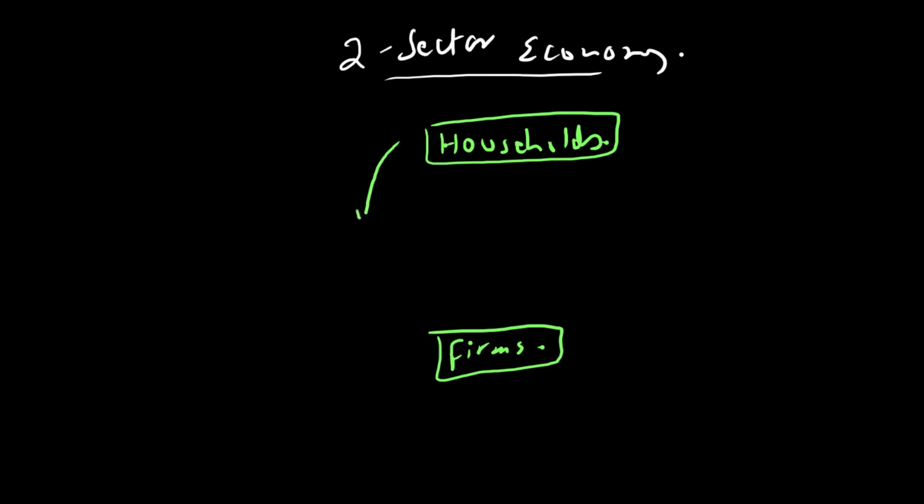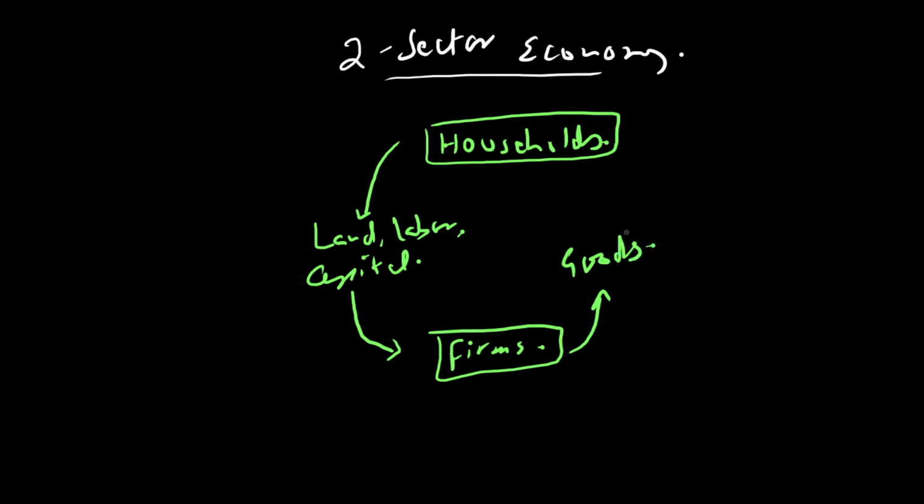Households have different factors of production, including land, labor and capital, and these households provide land, labor, capital to the firms, and firms will use these factors of production to produce goods and services, and these goods and services are sold to the households.